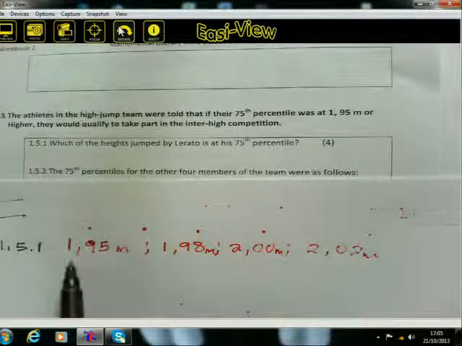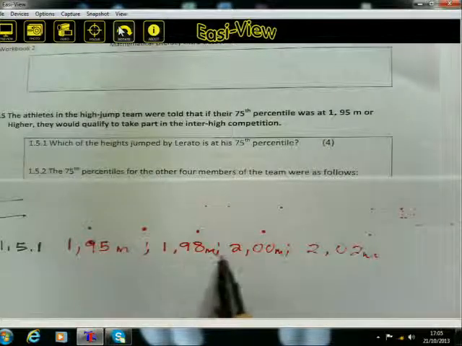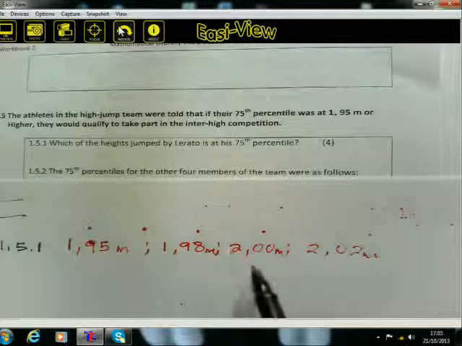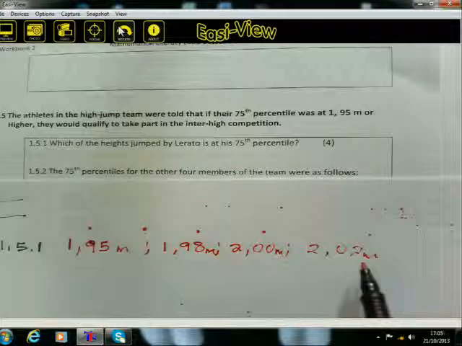That is why we have started with 1,95 meter; 1,98 meter; 2,00 meter; 2,02 meters.